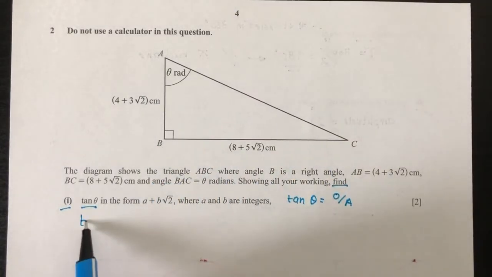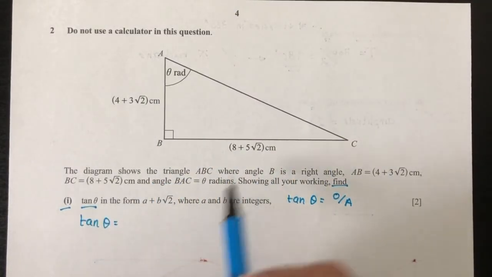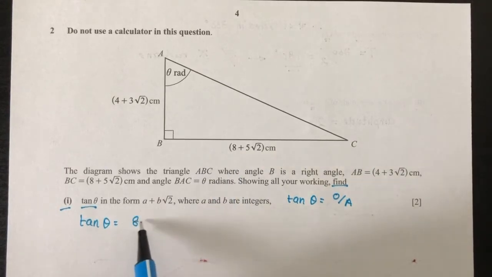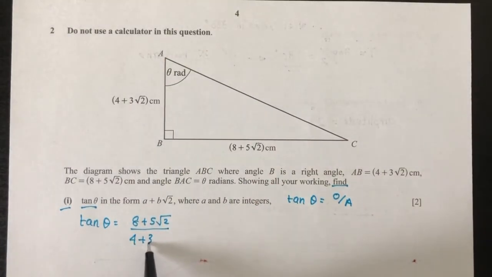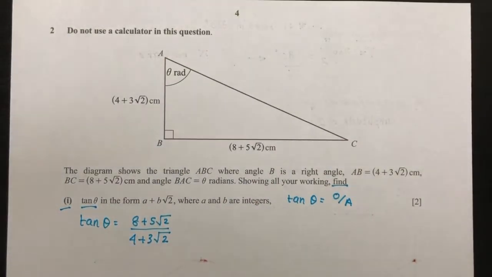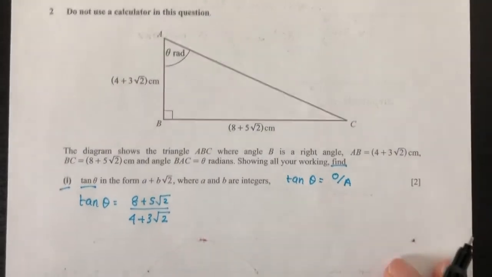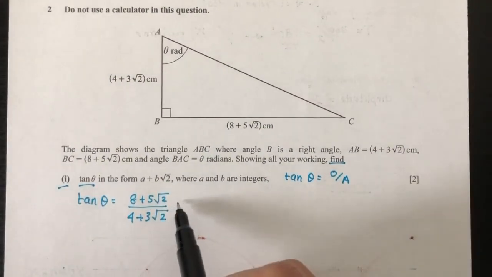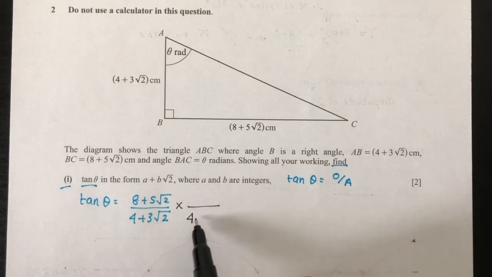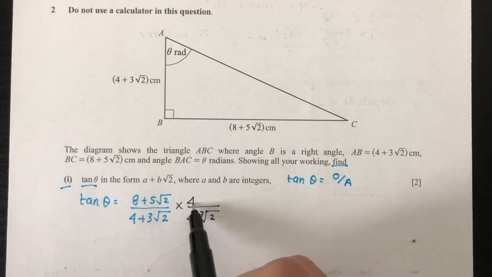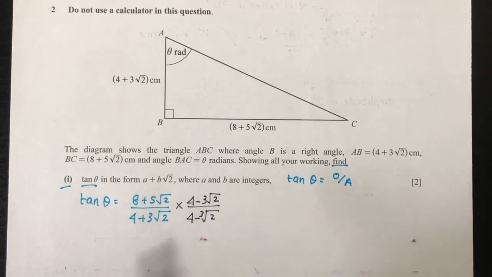So let's write this down. Tan of theta is equal to your opposite side, 8 plus 5 root 2, divided by your adjacent side, which is 4 plus 3 root 2. Now once you have this, you have to simplify this fraction. We have to multiply top and bottom by the conjugate, that will be 4 minus 3 root 2 on both sides.